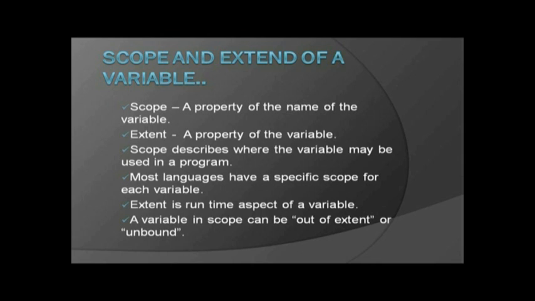Such variables are described as out of extent or unbound. In many languages, it is an error to try to use the value of the variable when it is out of extent. In other languages, doing so may be unpredictable.